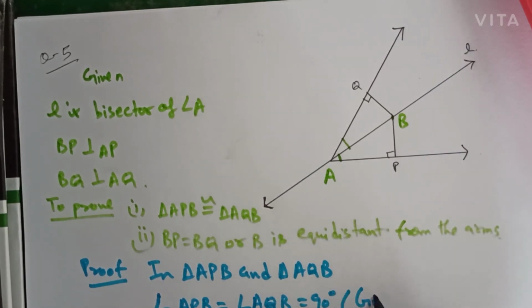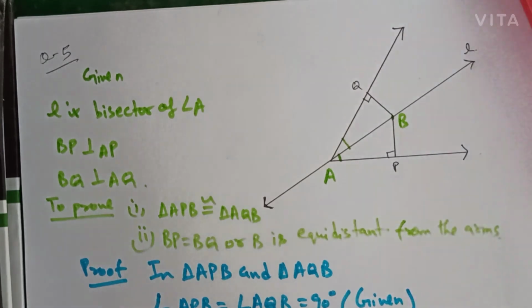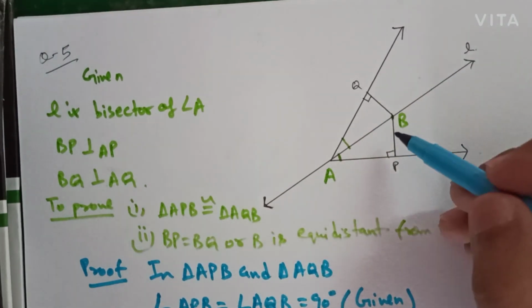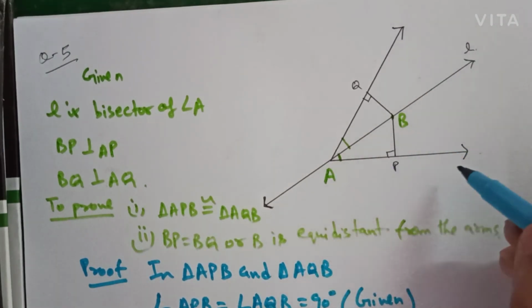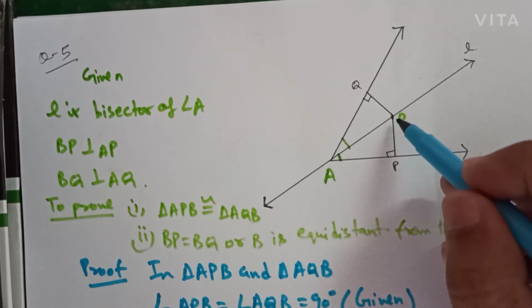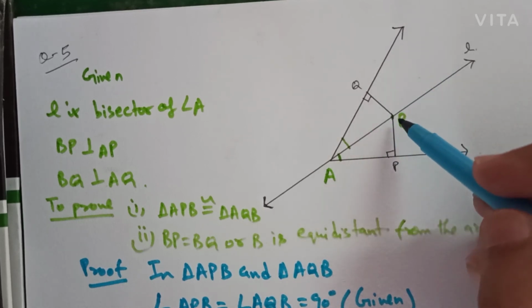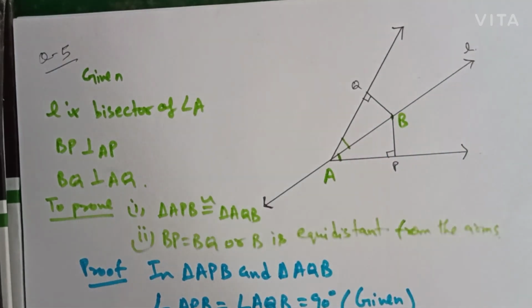Why? Because it is given that BP and BQ are perpendiculars on the arms of the angle. I am not writing the complete statement. If you want, you can write it also. Since BP is perpendicular to this arm AP, APB will be 90, and BQ is perpendicular to this arm AQ, so AQB will be 90. So I can write APB is equal to AQB, that is equal to 90 degrees.